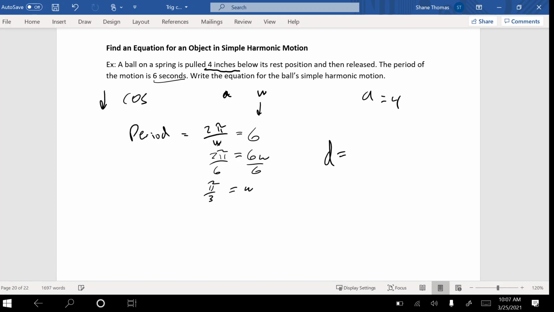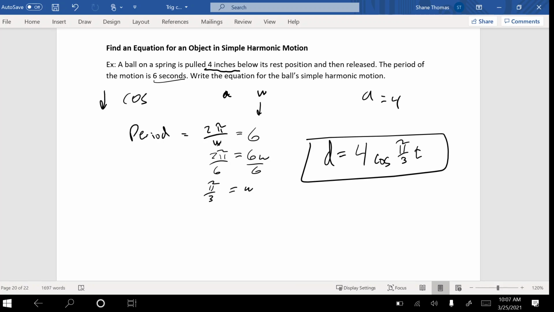So D is my distance: amplitude is 4, we said it was cosine, we said W was pi over 3, and that's a function of time. There we go. So that trig function would represent the movement of that ball over time.